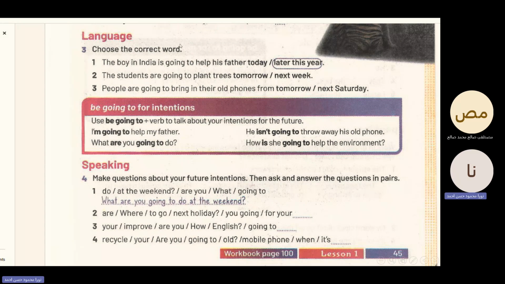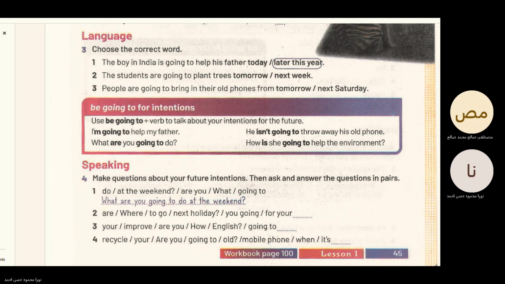So we have here is going to, and we have time indication, which is later this year in the future time. Number 2, the students are going to, and then is it gonna be tomorrow or the next week? What did the girl say? Okay, so it's gonna be next week.